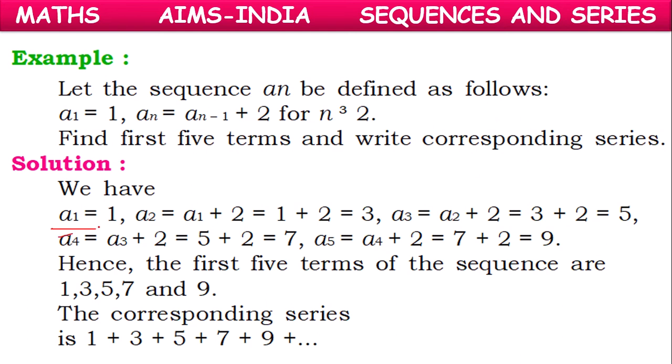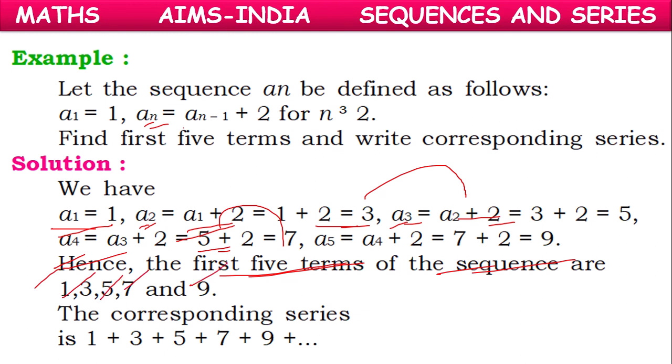A1 equal to 1, A2 equal to A1 plus 2, which is 3, A3 equal to 3 plus 2, which is 5, A4 equal to 5 plus 2, which is 7, and so on. So the first 5 terms of the sequence are 1, 3, 5, 7, 9. The corresponding series is 1, 3, 5, 7, 9.